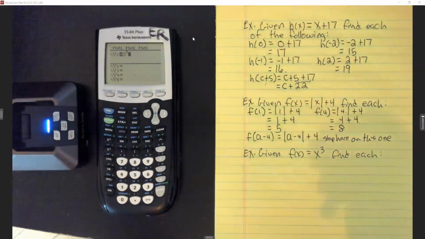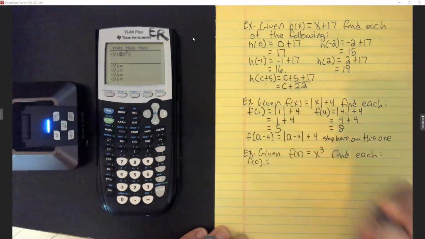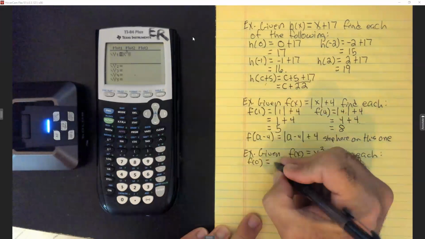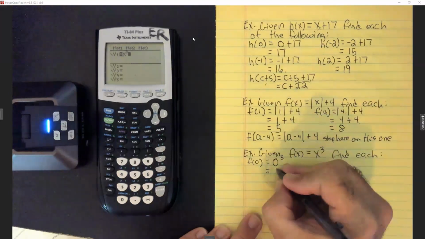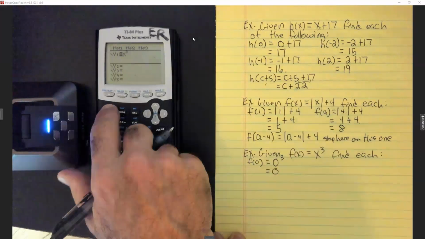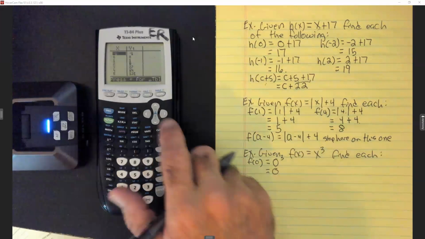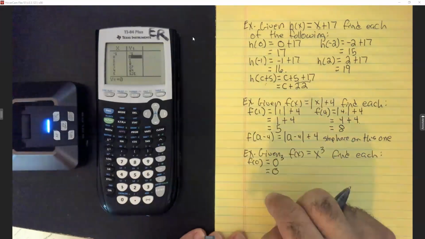Watch that. The first one I'm going to find is f of 0. That's going to equal 0 to the 3rd power, which is 0. But y'all watch this. I'm going to go to the table by hitting second graph. Let me find the x value 0 and look at that y value. It is 0.